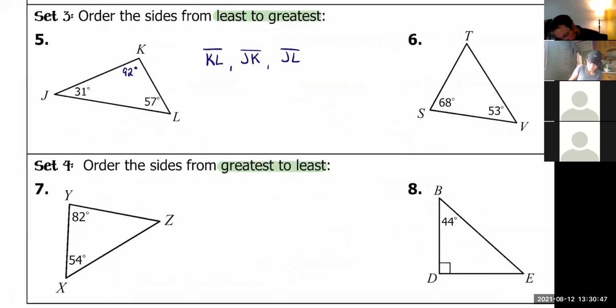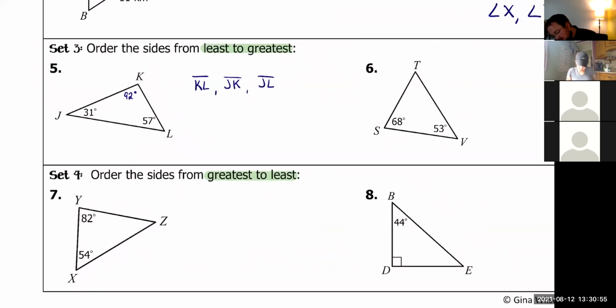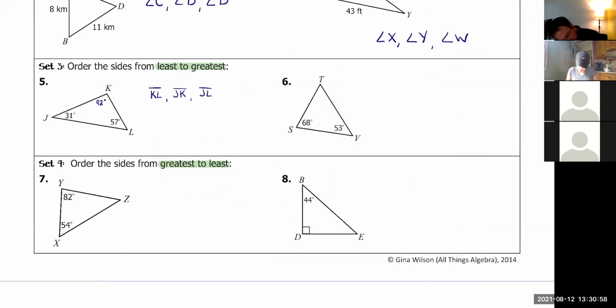So again, I'm going to make the assumption that you can find the missing angles to confirm these next answers that I give you. On the next one, in order from least to greatest, it would go ST, SV, and TV. And then the last 2, greatest to least, XZ would be the longest, I should say. YZ would be the second, and then XY would be the last.